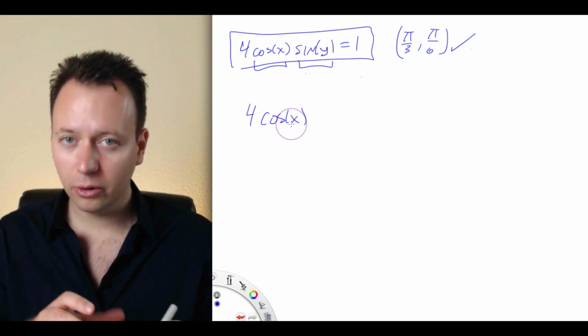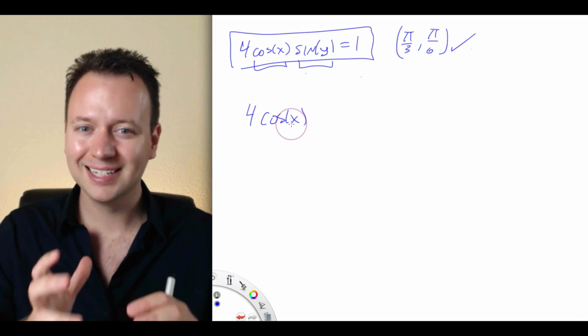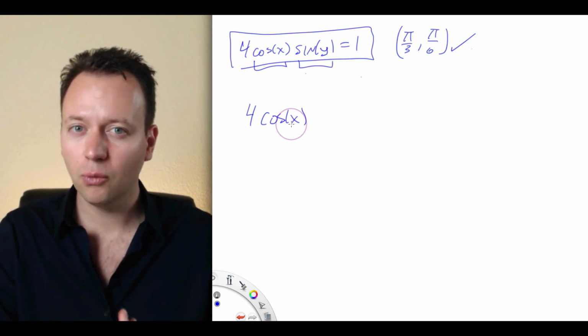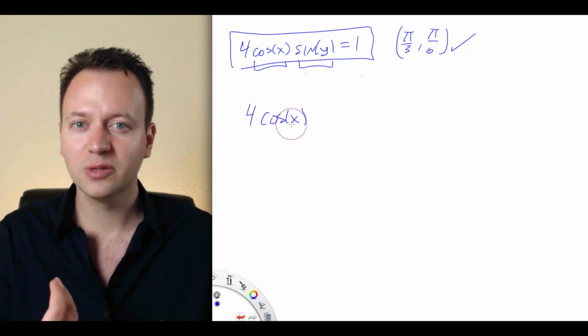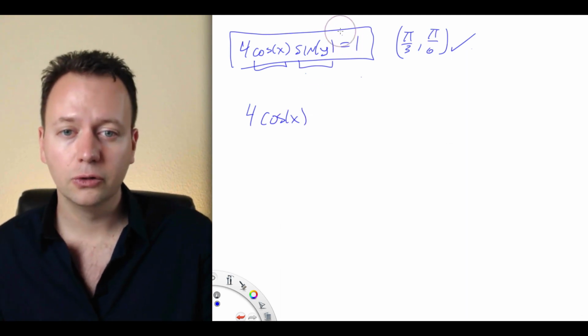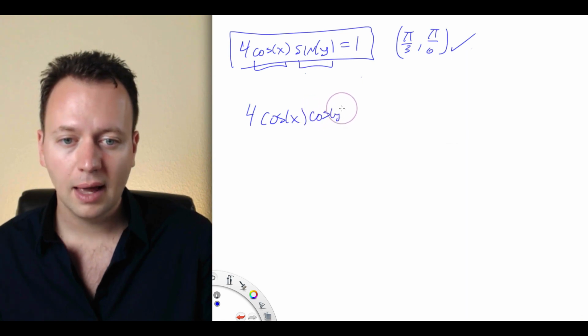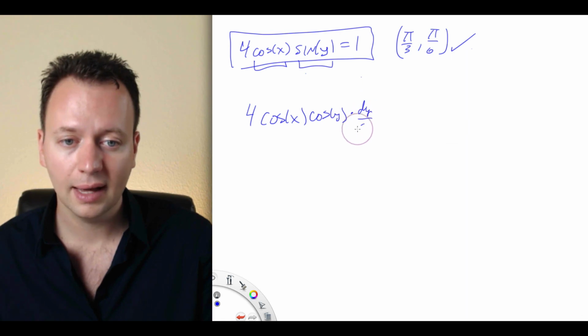Now here we're again regarding y as a secret function of x. So it's sine of y of x. So the derivative is going to be cosine of y of x times y prime of x. So in other words, we take the derivative with respect to y and we correct by multiplying by dy dx. So the derivative of sine is cosine, so we just get cosine of y, and then we multiply by the derivative of y with respect to x, dy dx.